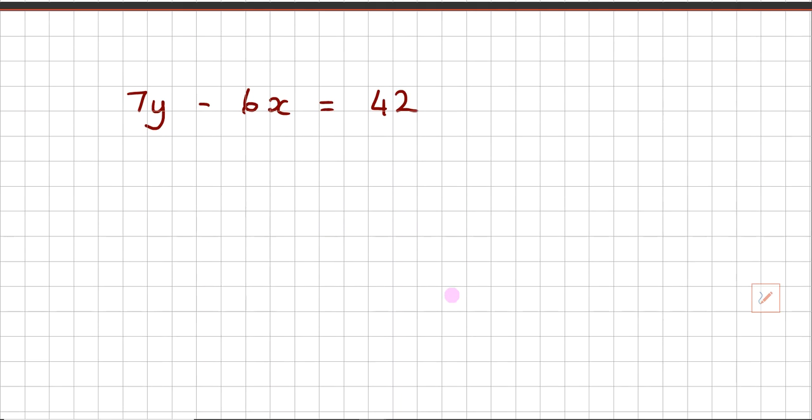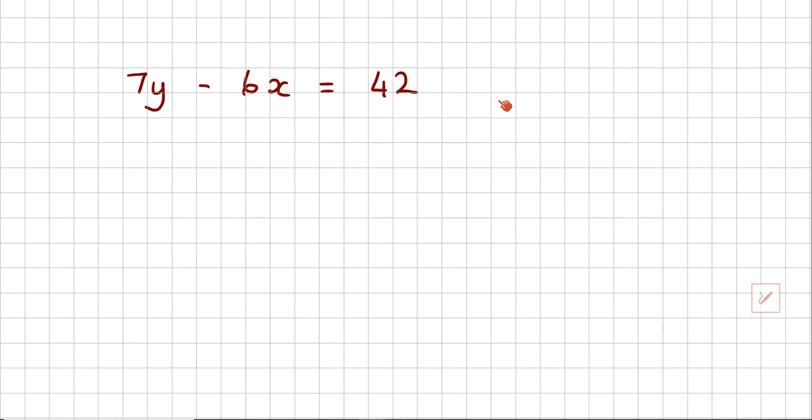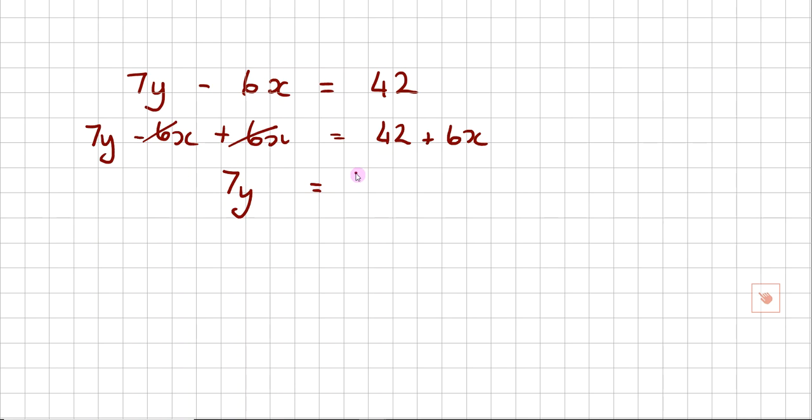So, with this question, y is already positive. So I definitely don't want to be subtracting it, right? So the first step really that I want to do is to actually add 6x, because I want to leave the 7y on its own, which means on this side I've also got to add the 6x. So that gets rid of that and leaves me with 7y is 42 add 6x.